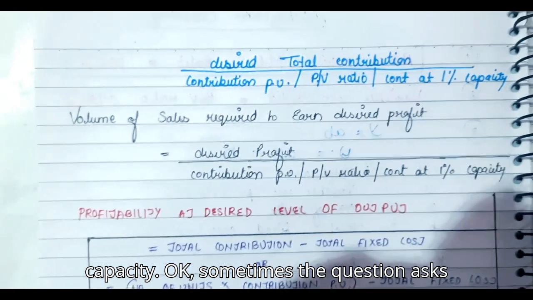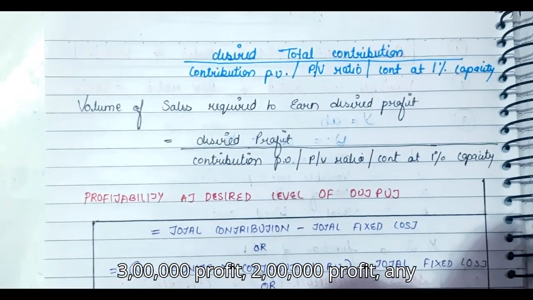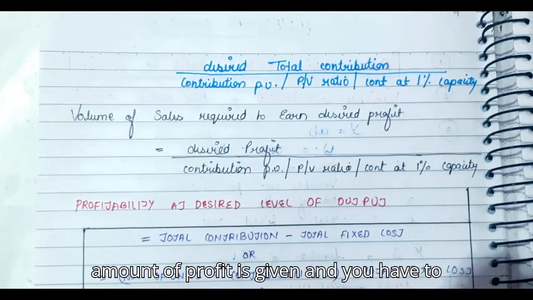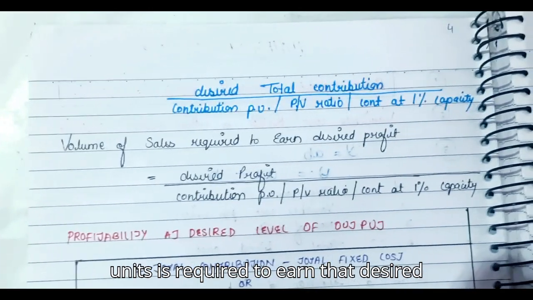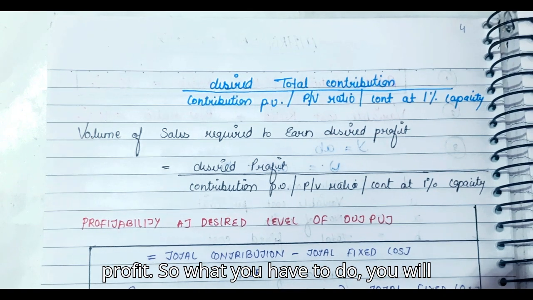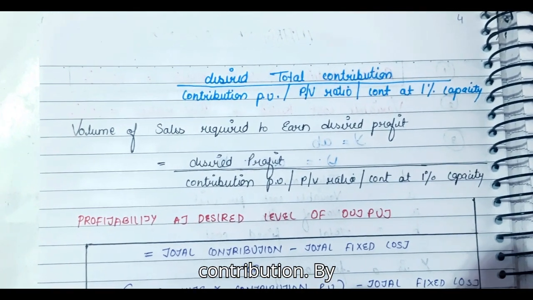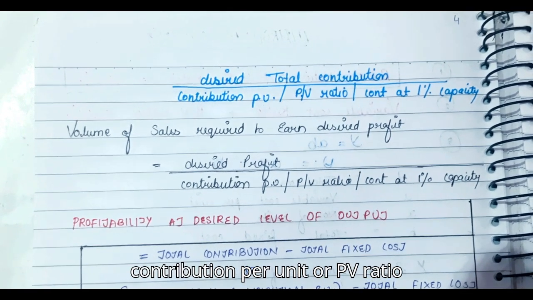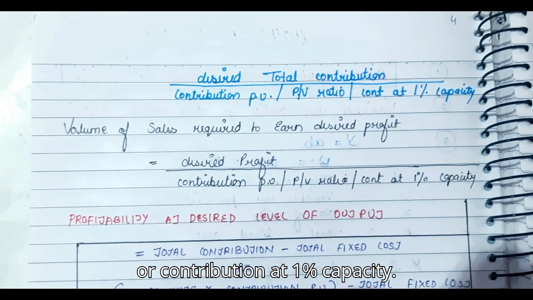Sometimes the question asks that if you have to earn 5 lakh profit, 3 lakh profit, 2 lakh profit, any amount of profit is given and you have to calculate how much sales in value or in units is required to earn that desired profit. So you will have to divide desired total contribution by contribution per unit, PV ratio, or contribution at 1% capacity.